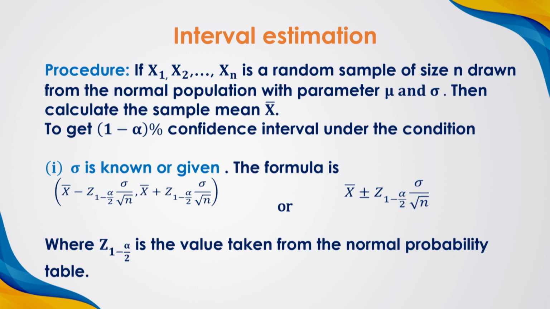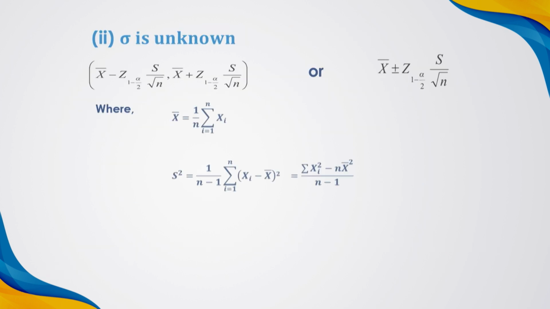The upper limit is x bar plus z of 1 minus alpha by 2 into sigma by root n, or this can be simplified in a compact form as x bar plus or minus z of 1 minus alpha by 2 into sigma by root n, where z of 1 minus alpha by 2 is the value taken from the normal probability table.